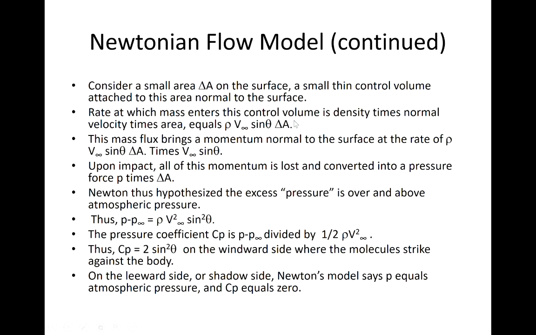As the fluid enters that control volume, it brings in the velocity normal to the surface of v infinity sine theta. Therefore, if you multiply the mass flow rate by this velocity, you'll get the momentum flow rate. So you'll get rho infinity, v infinity squared, sine squared theta, delta A, is the rate at which normal momentum is entering our control volume.